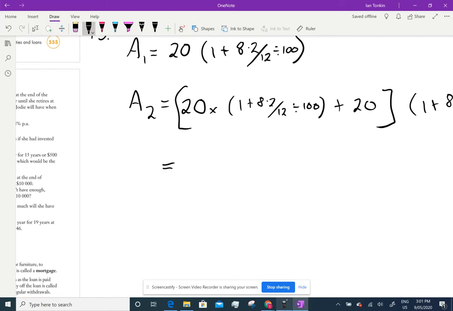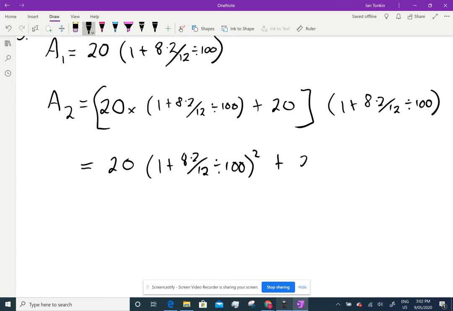If I write that a bit better, I'm going to have 20(1 plus 8.2 divided by 12 divided by 100) squared plus 20(1 plus 8.2 divided by 12 divided by 100).